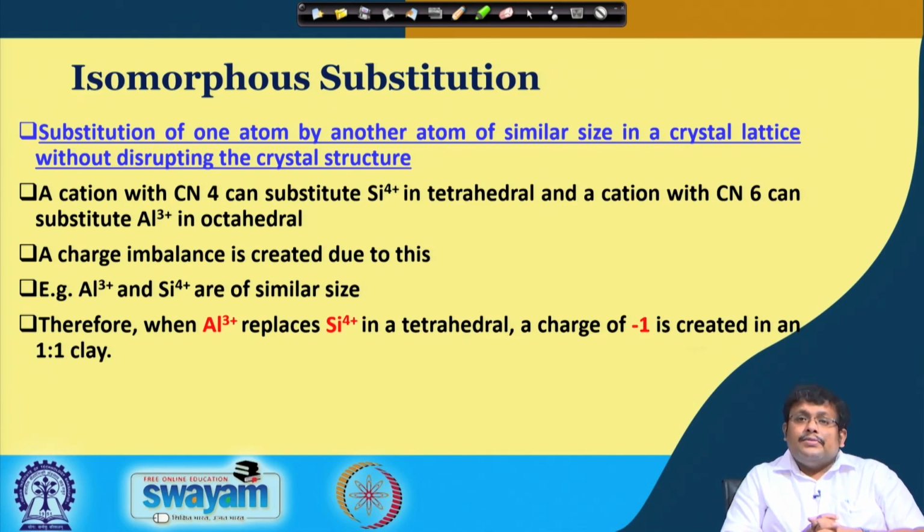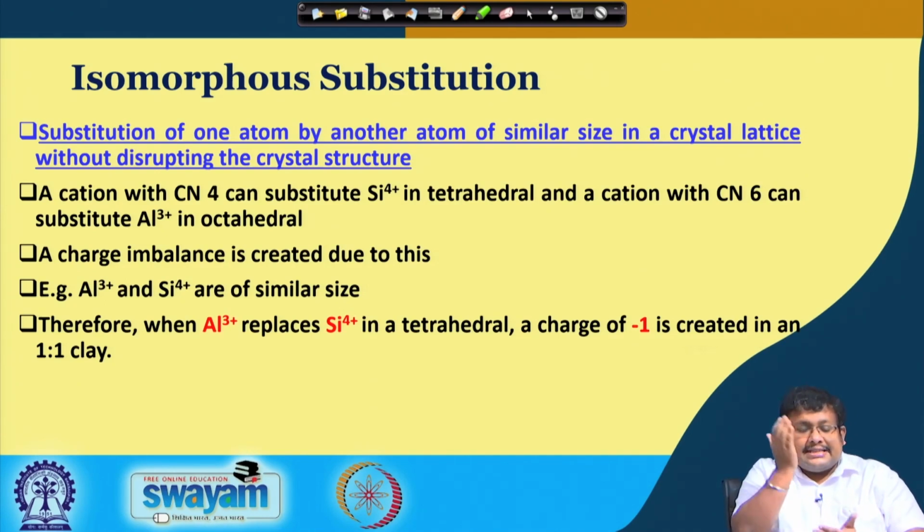So, let us consider an example: a cation with a coordination number of 4 can substitute silica in tetrahedra, and a cation of coordination number of 6 can substitute aluminum in the octahedral sheet without disrupting the crystal structure. The first and foremost criterion for doing that is that they have to be almost similar in size, and that is why this phenomenon is known as isomorphous. Iso means similar, morphous means similar in morphology or similar in size.